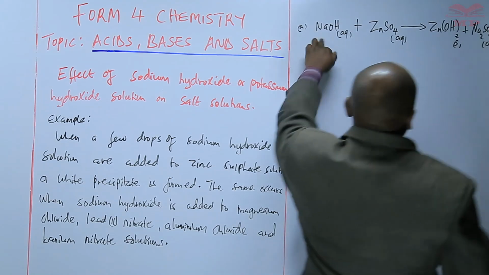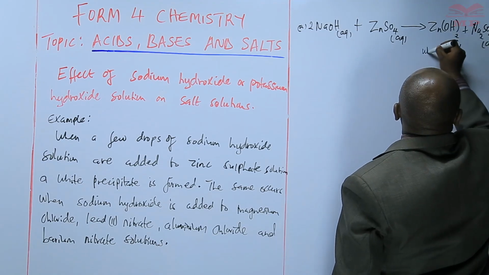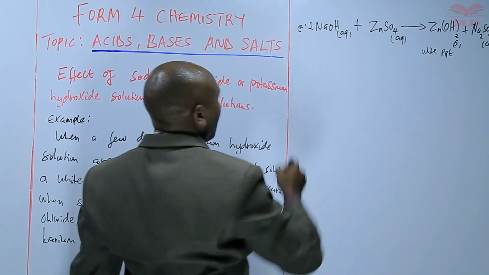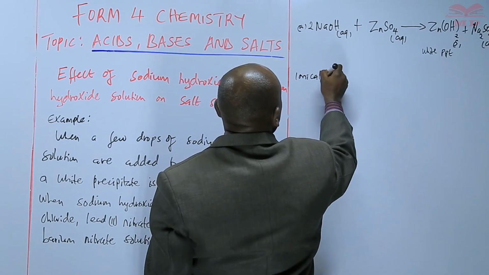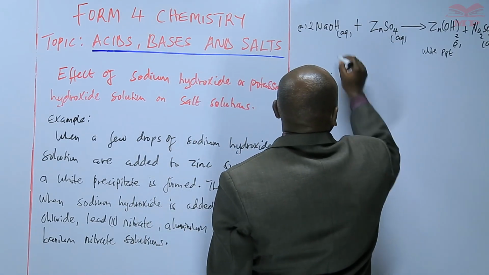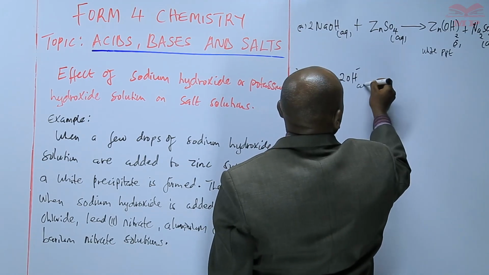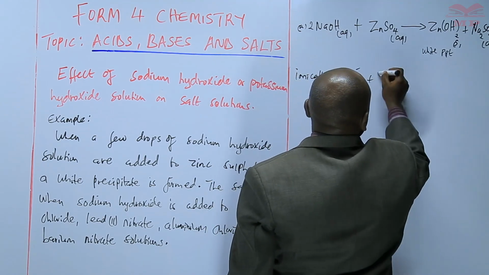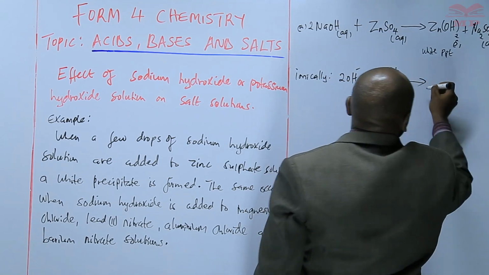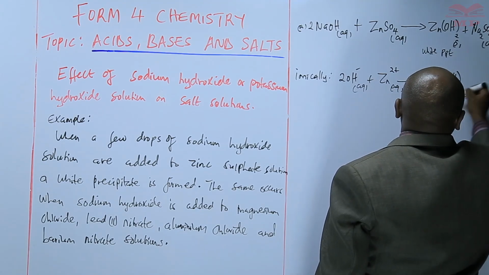Balancing the sodium, the zinc hydroxide is a white precipitate. Ionically, we have zinc ions, and 2 hydroxide ions from the sodium hydroxide combine with the zinc ions to form zinc hydroxide, the white precipitate.